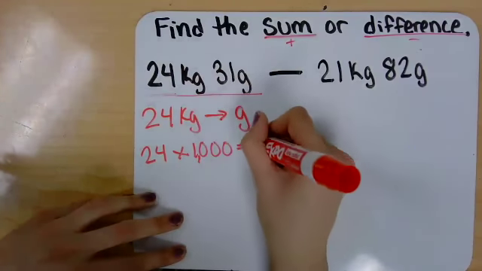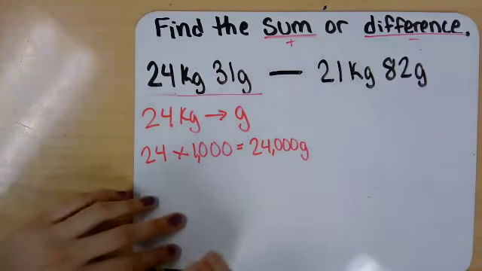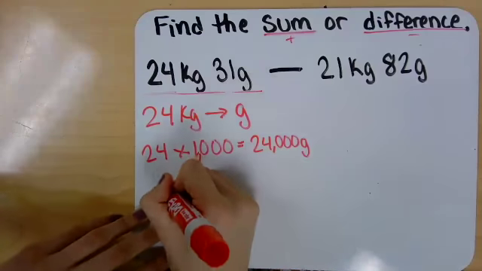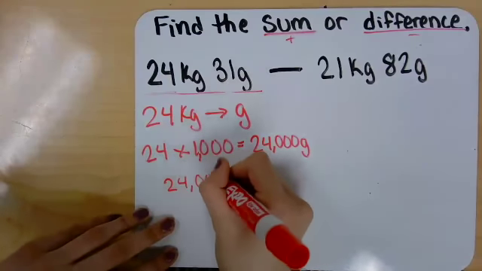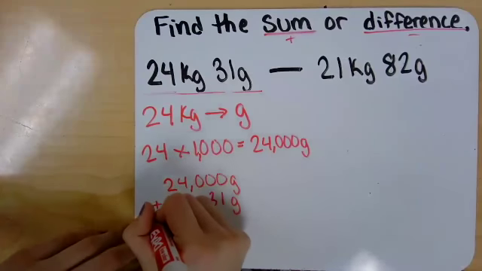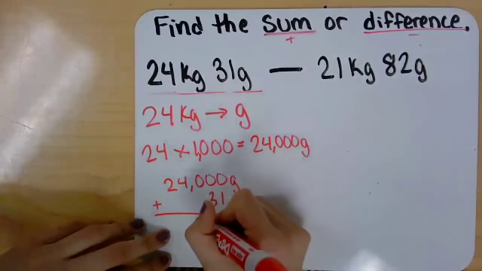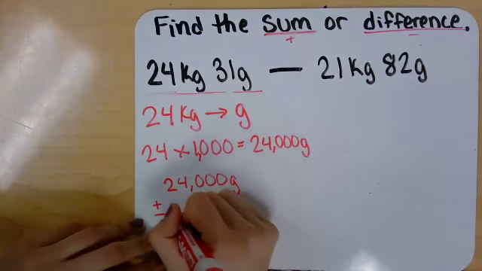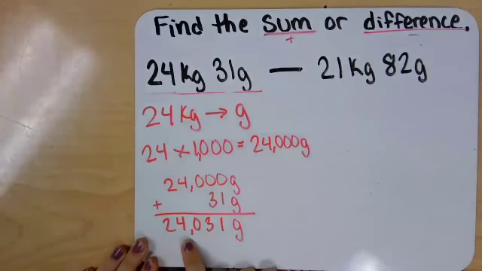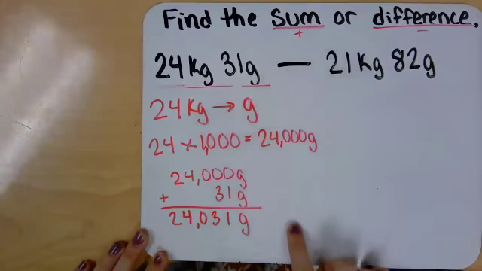Okay, and we get 24,000 grams. Right, but then we still have our 31 grams, so let's put them together. 24,000 grams, 31 grams. That gives us 24,031 grams. Okay, so that's our first half of the problem.